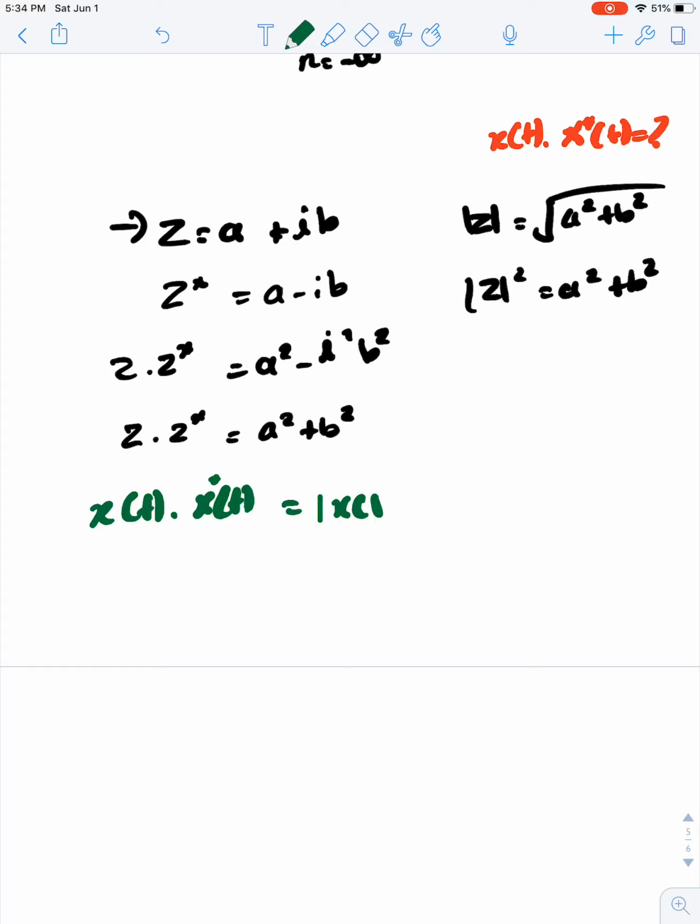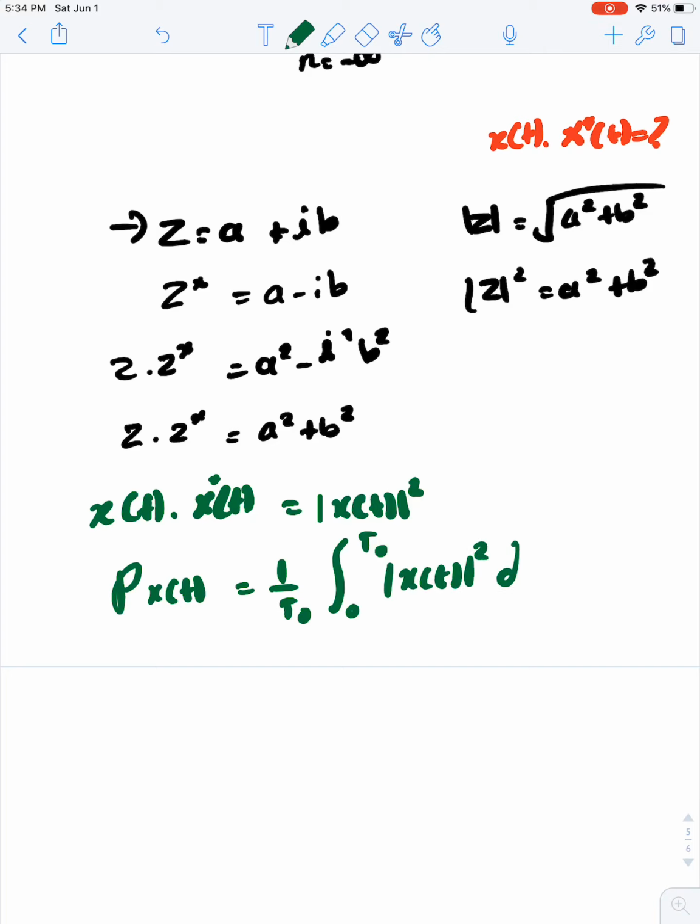x(t) conjugate is equal to this. So we have 1 over T naught integration 0 to T naught signal x(t) multiplied by summation n equal to minus infinity to infinity Cn conjugate multiplied by e power minus j n omega naught t dt.